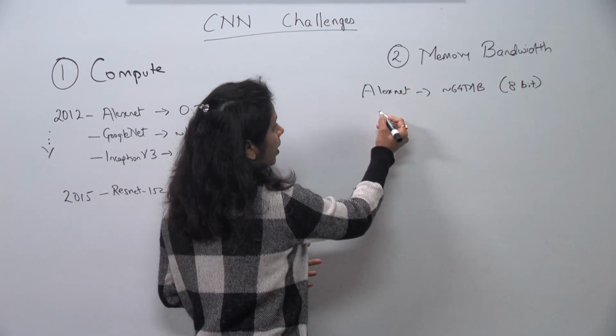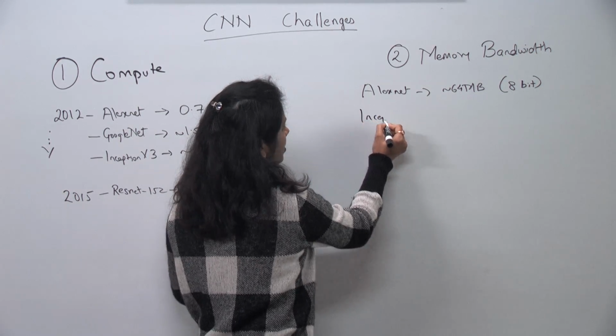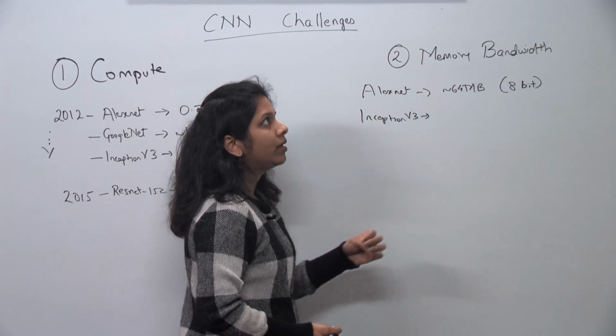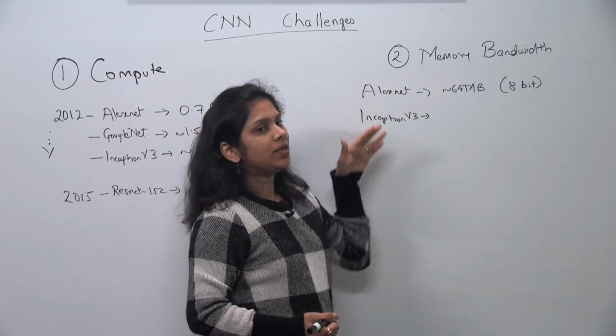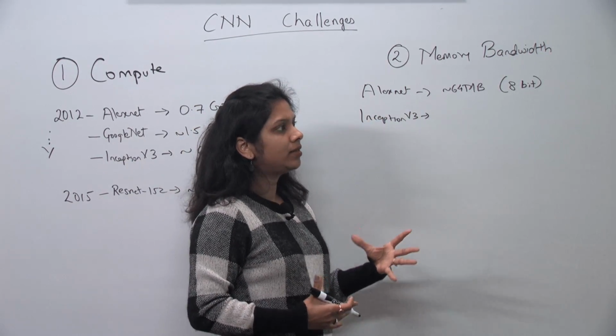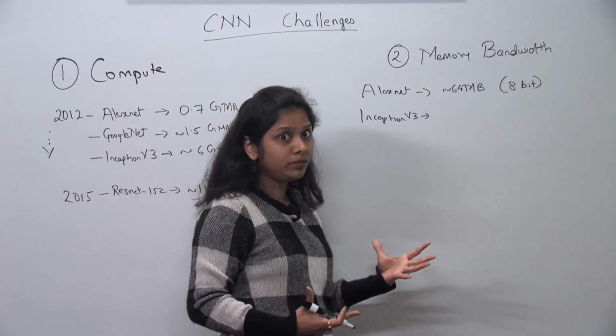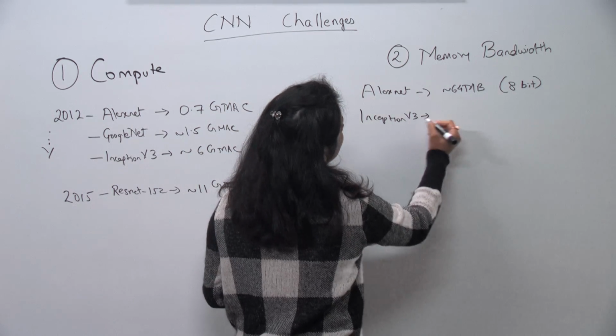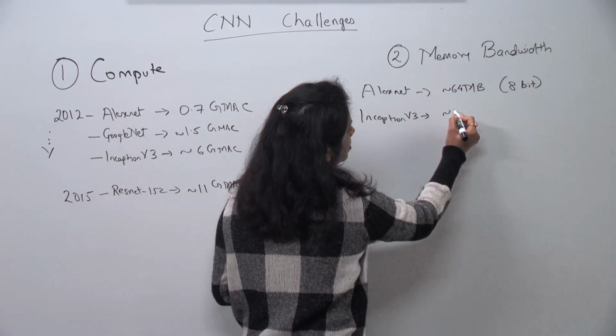Next, let's talk about Inception V3. Though people have started coming down in the bandwidth, they have realized that the load store bandwidth is a big problem because of the DDR latencies and such. They have started coming down, but still not that low.